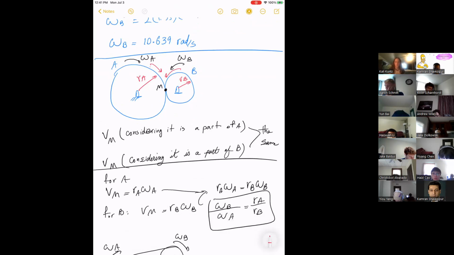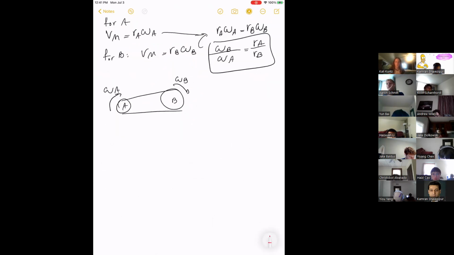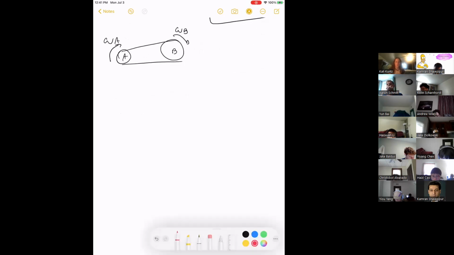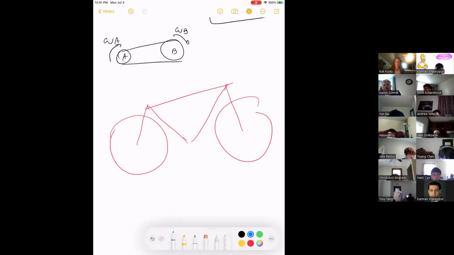So practically, when you change the speed ratio on your bike, and I can't draw that very perfectly, let's say this is a bike, and you have a set of sprockets here and a set here, right?